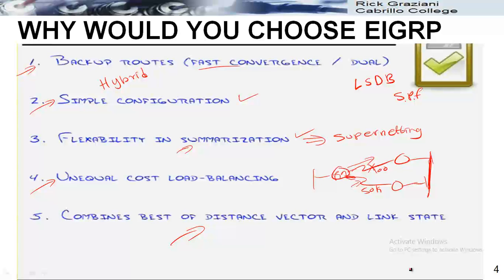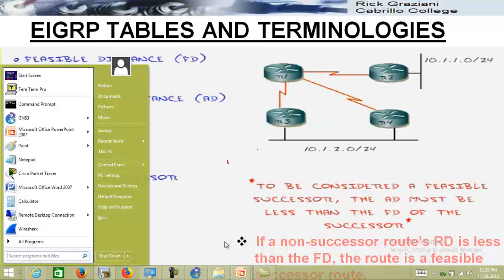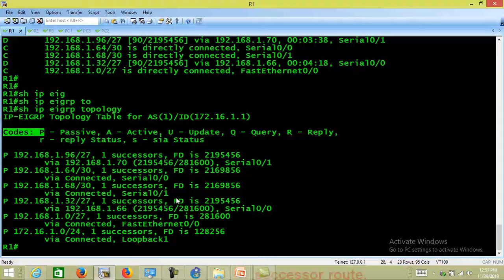So let's go back to the tables and terminologies. You have this feasible distance, and I think we see it when you do debugs, or is it in the topology table? So you can see about the successors.